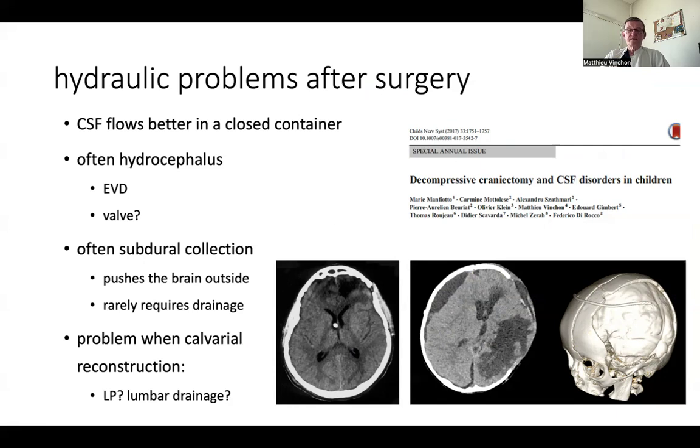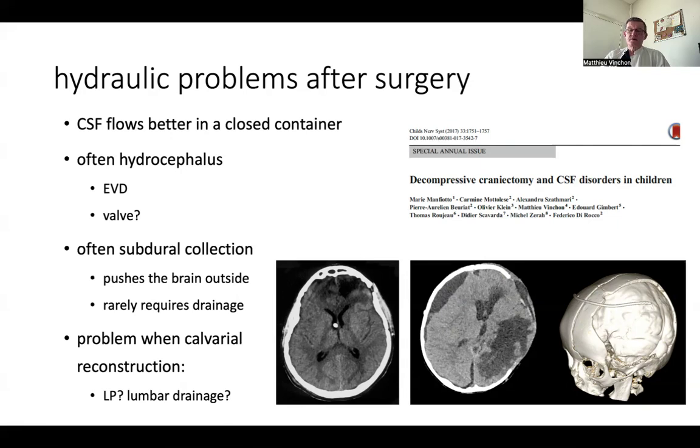So after surgery, we often have hydraulic problems. This has been the subject of a paper by Marie Manfiotto, who collected a cooperative study in France. We know that CSF flows better in a closed container. In some cases, we have hydrocephalus, which may require EVD or a valve. Or in some cases, we have subdural collections which have the unpleasant habit of pushing the brain outside the skull.